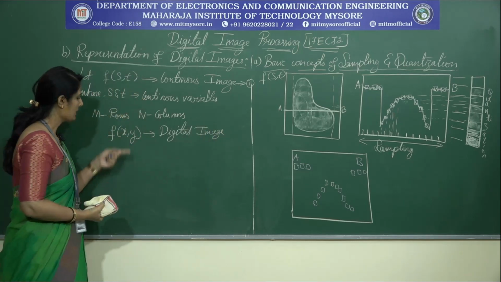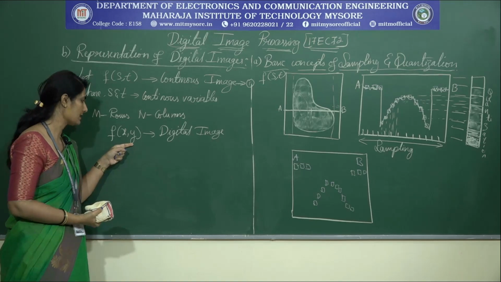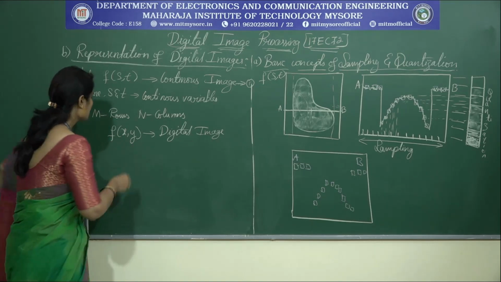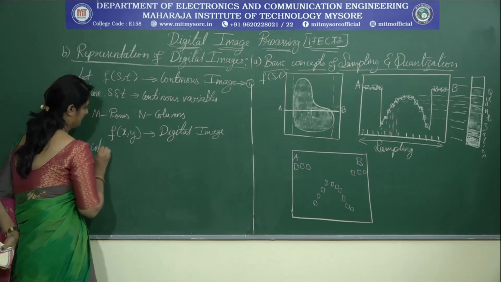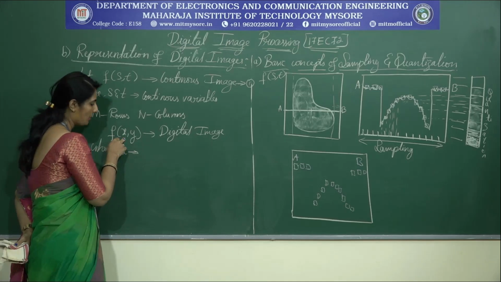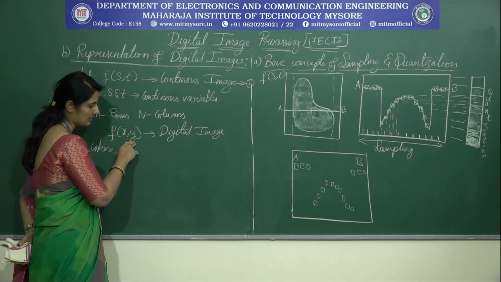You know what a digital image is? Here x, y and f are all finite and discrete quantities. So now the coordinates x and y: x corresponds to the rows, y corresponds to the columns.